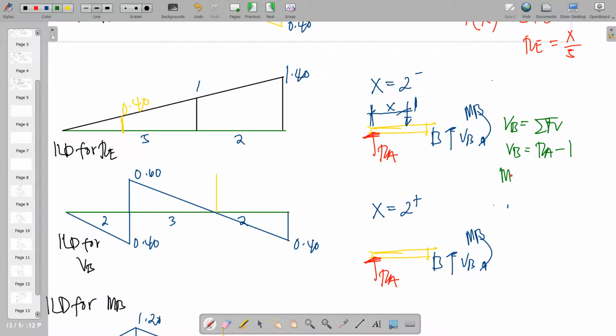So the moment at B is equal to positive RA, and what will be the distance from this one? That is times 2. Okay, RA times 2.